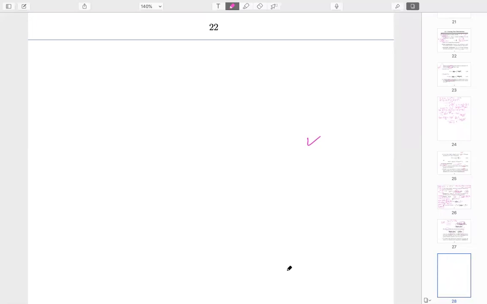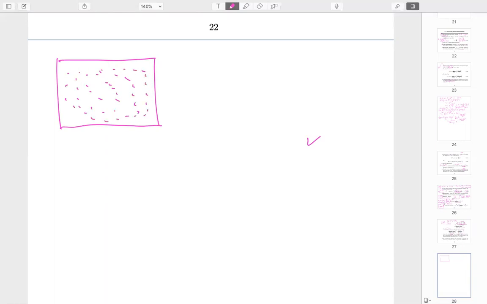Let's say I have everything inside this box, dot, dot, dot. Each dot represents a possible value for my x. It's in a chaotic shape, I don't care. I want to know the expected value of it.